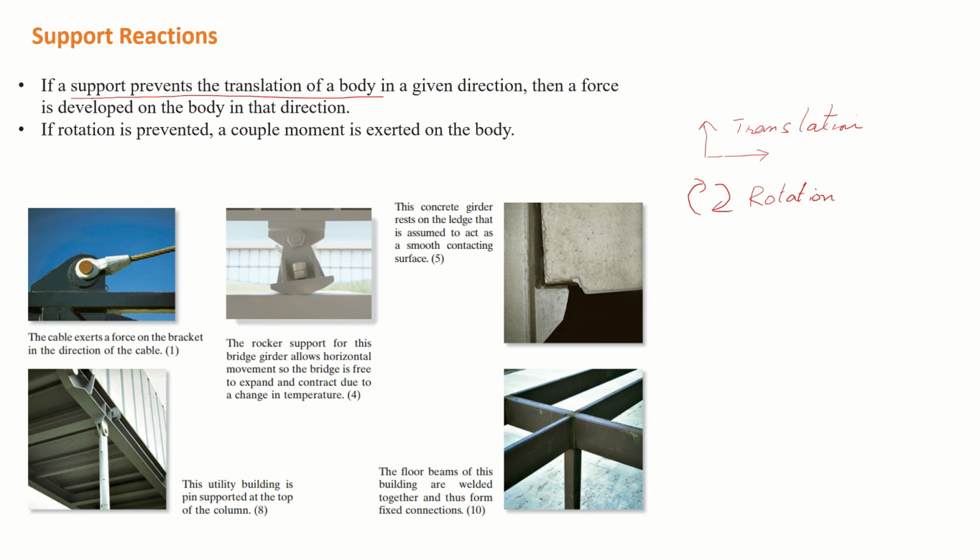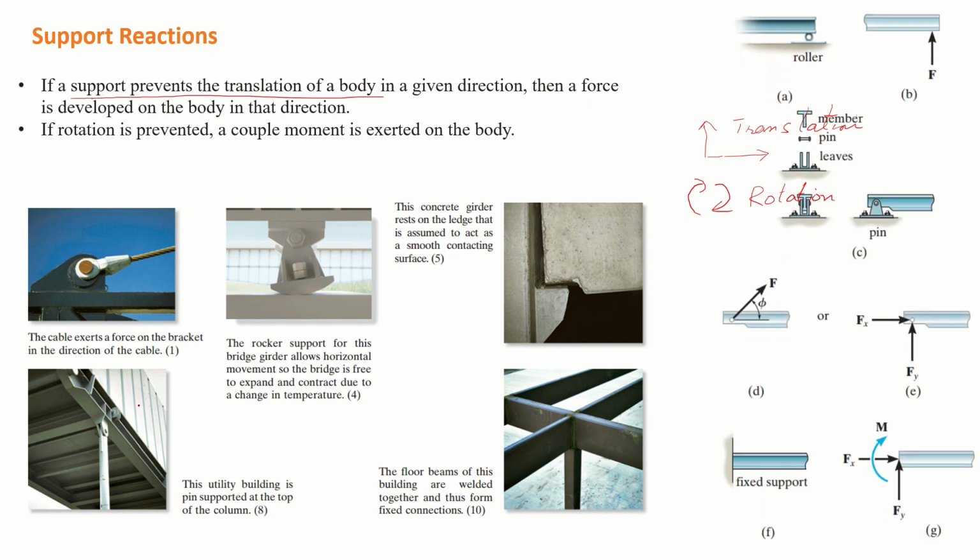So we only represent a force there. And if rotation is also prevented, a couple is shown on the body at the supports. These are few supports shown in this figure, and I will explain the possible reaction there.